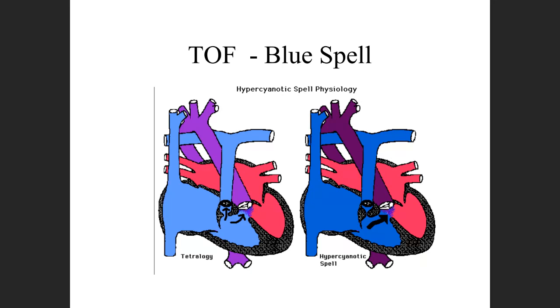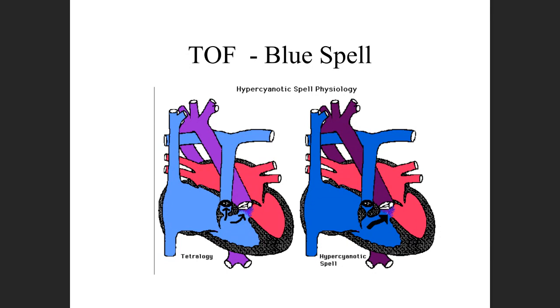And you see those two thick muscles just below the pulmonary valve, which also cause obstruction to the outflow tract of the right ventricle. And then we have the curved arrow across the ventricular septal defect.